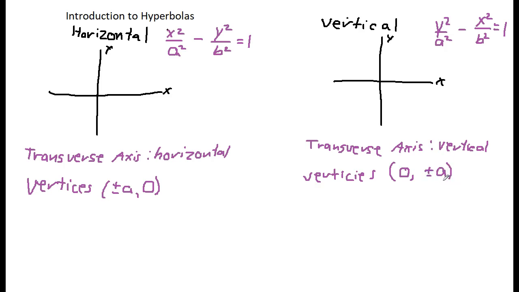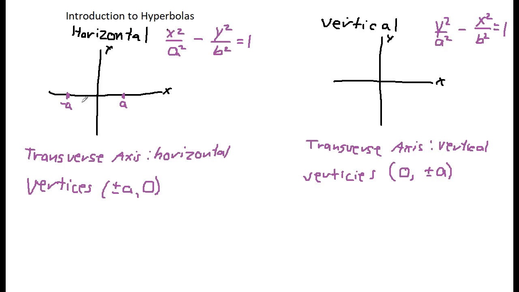Okay, so I'm going to put those points on here. I'm just going to say this distance is a in the negative direction, and roughly the same distance is a in the positive. So here's a, and here's negative a. Now in ellipses we had a major axis and a minor axis.